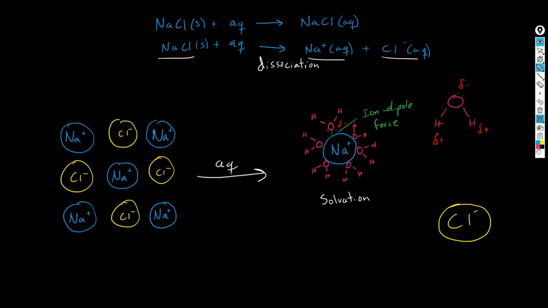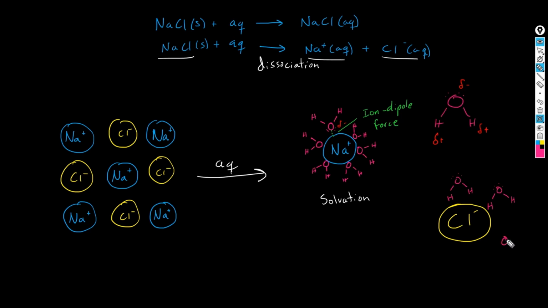With the chloride, the exact same thing happens, but the water gets arranged in the opposite direction. With the chloride, the positive hydrogen in the water is attracted to the negative chloride ions.